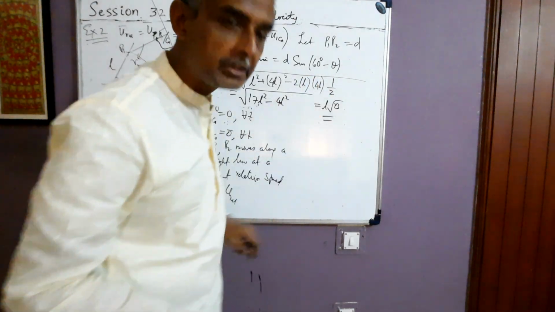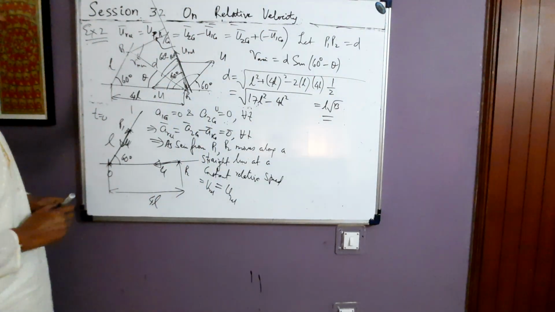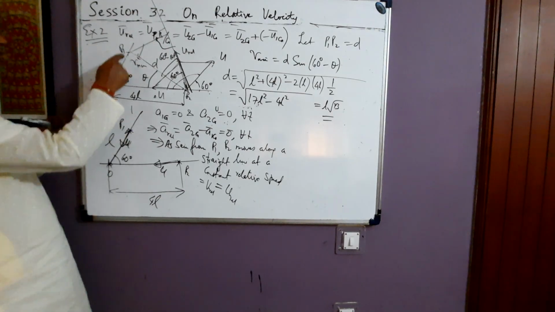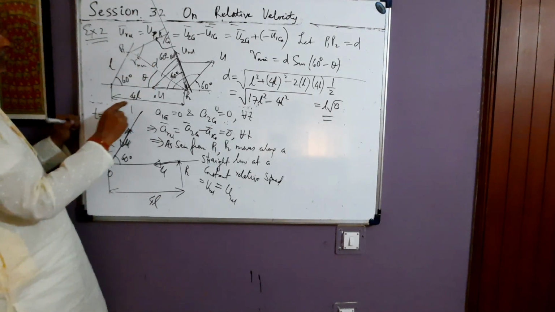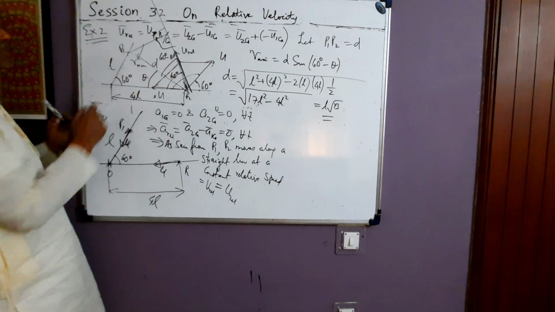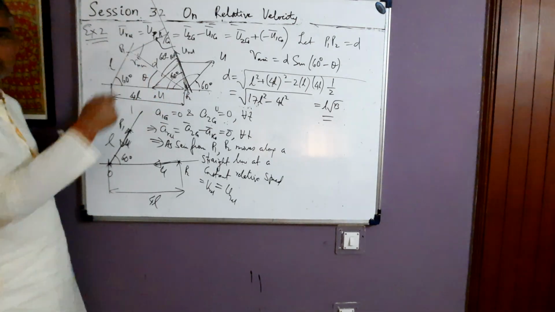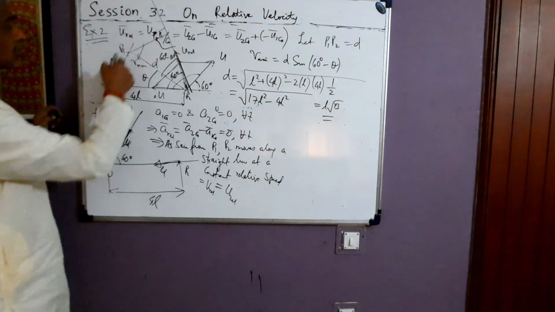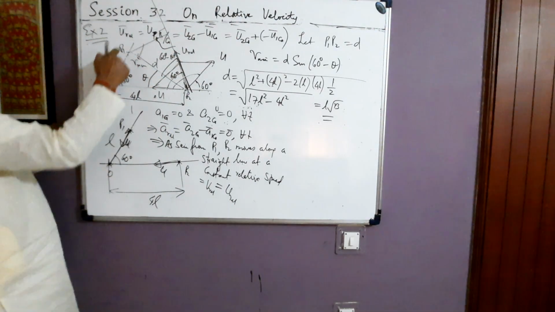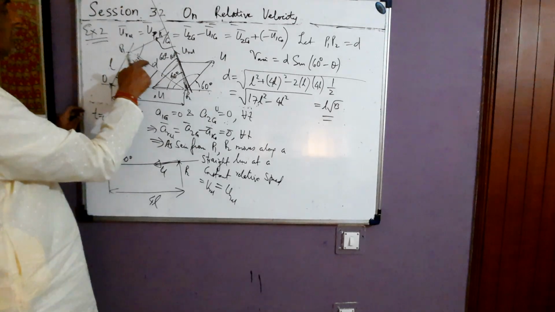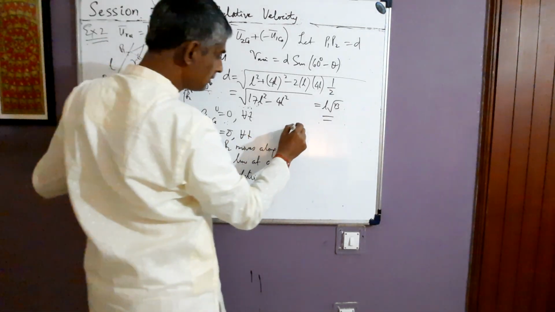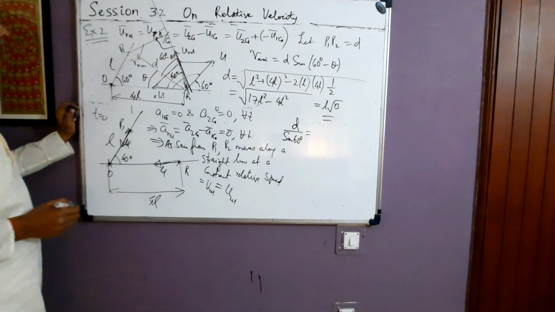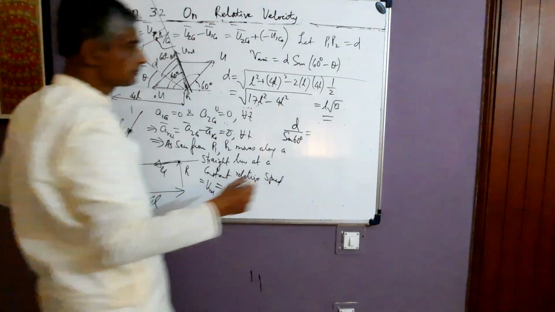Now we only have to determine theta. The question is how to find the value of theta. For that we can use the sine rule of triangle. A by sine A equals B by sine B equals C by sine C. In this triangle OP1P2, D by sine 60 degree is equal to L by sine theta.